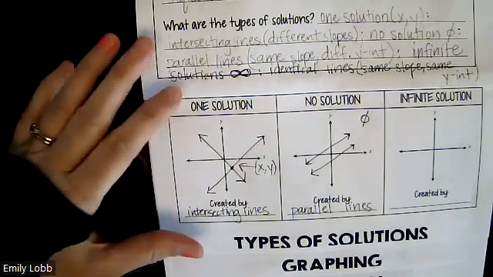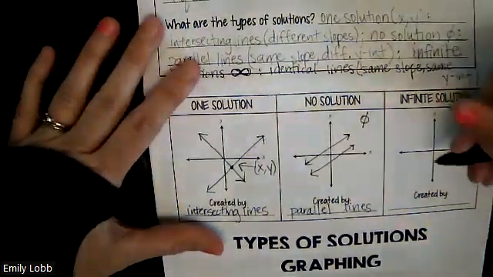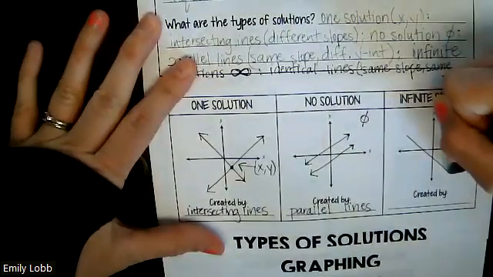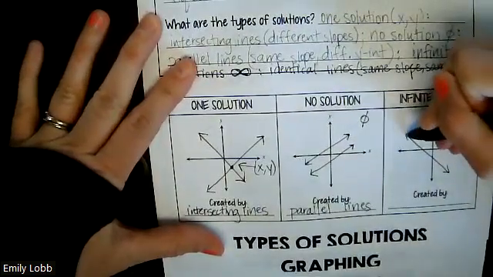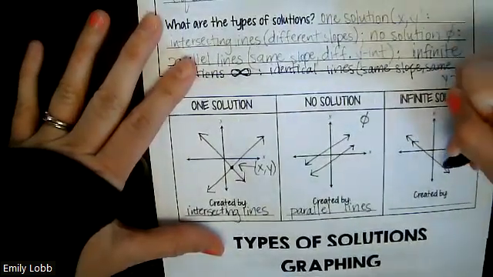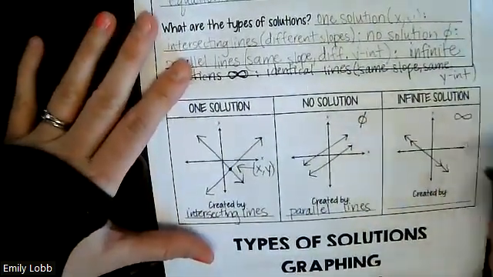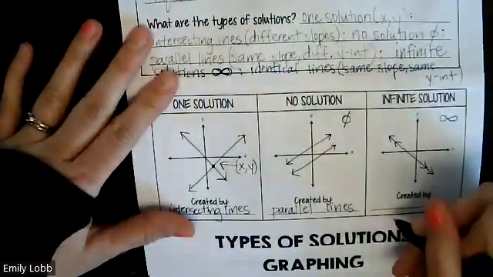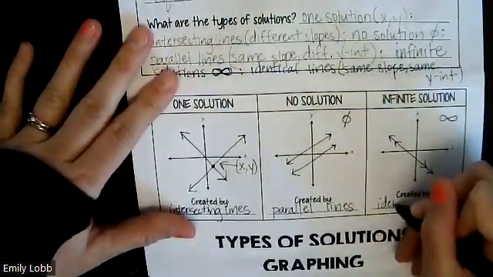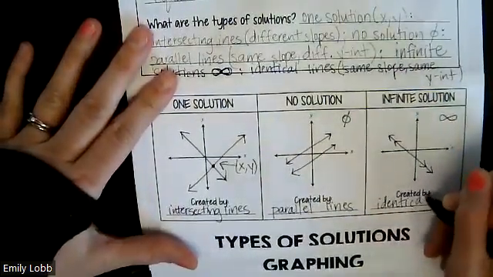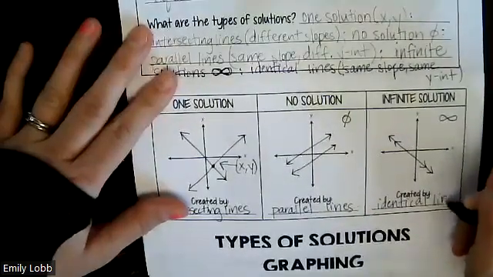And then infinite solutions, I don't know, you can draw a line going through anything. But these would be identical lines, created by identical lines.